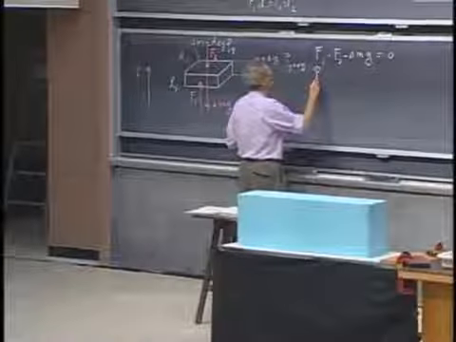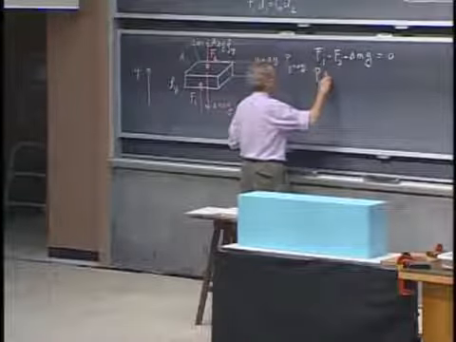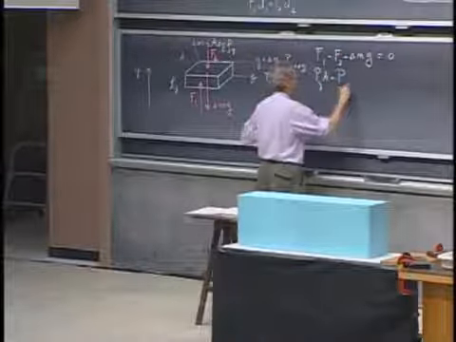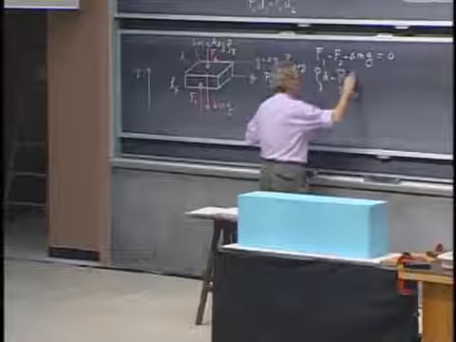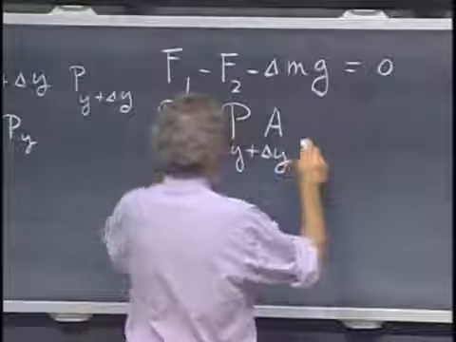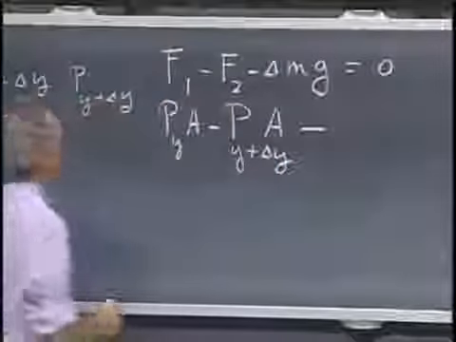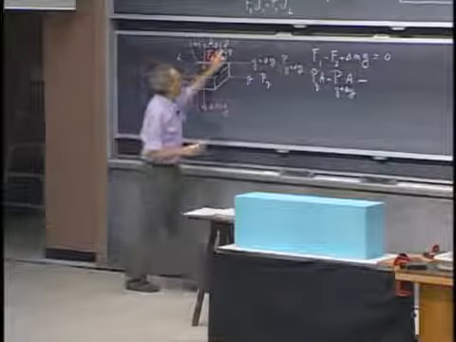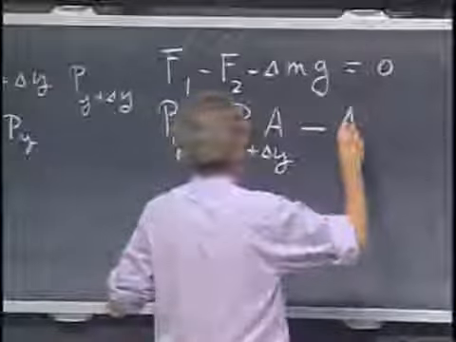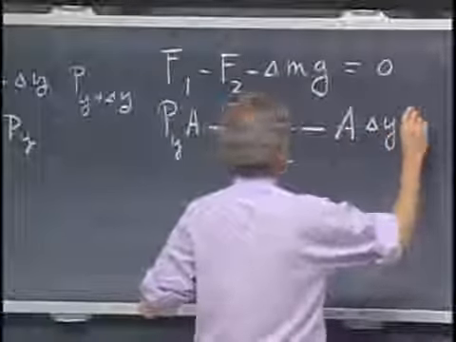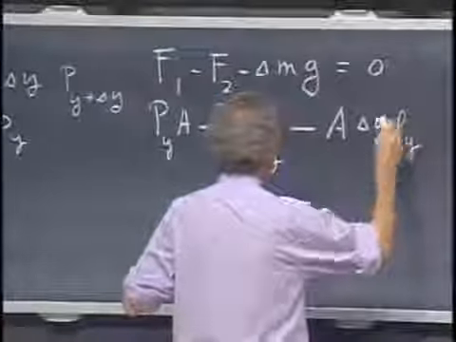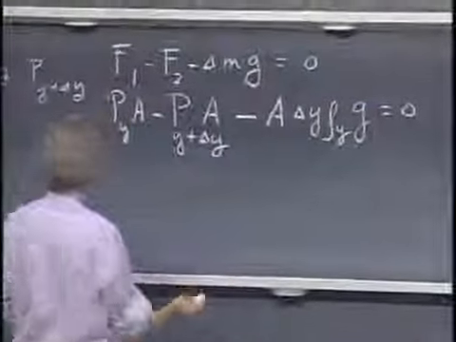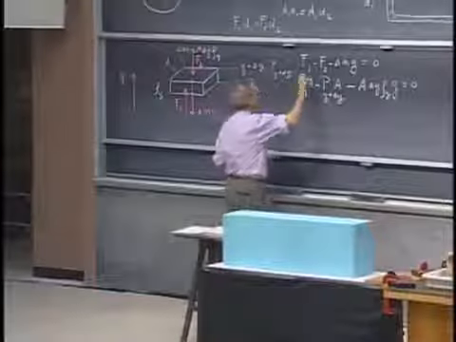So that is P at level y times the area, and F2 is P at level y plus delta y times the area, minus delta m, which is A delta y times rho, so I get minus A times delta y times rho, which could be a function of y, times g, and that equals 0. Notice I lose my area.